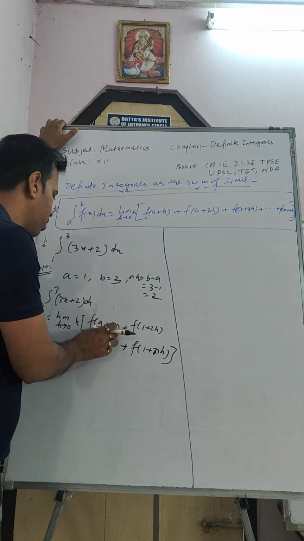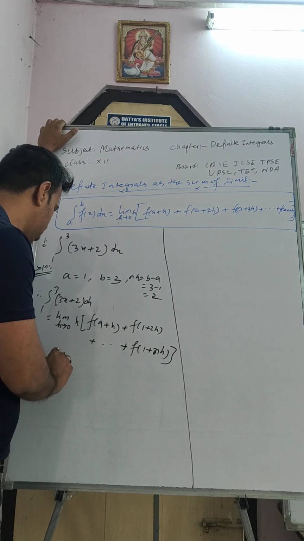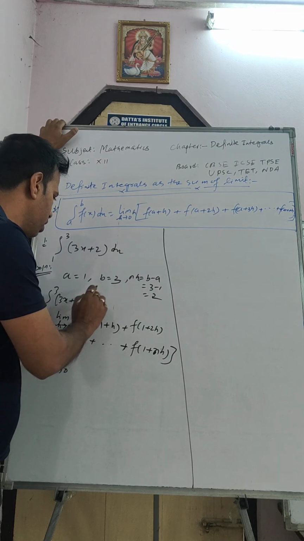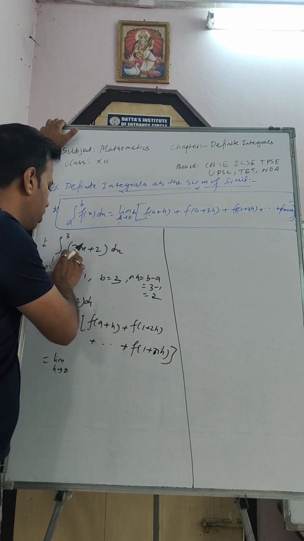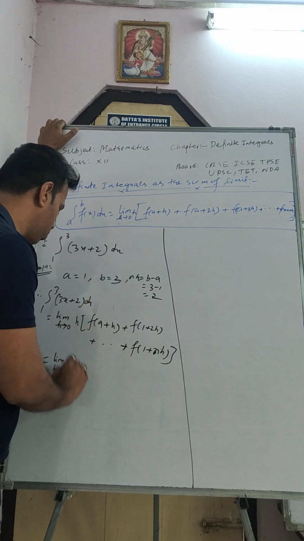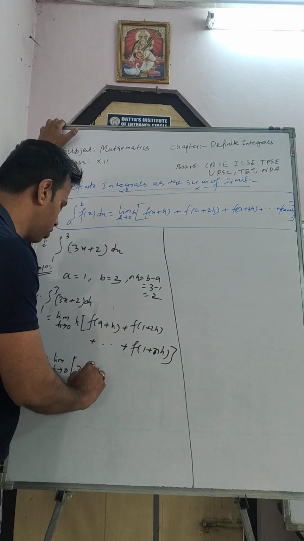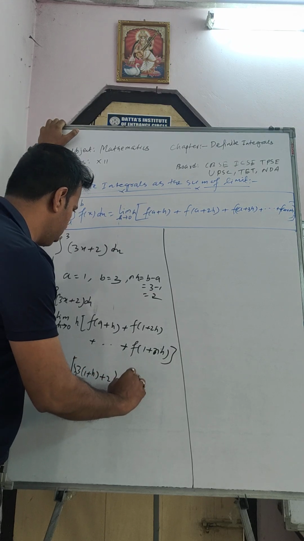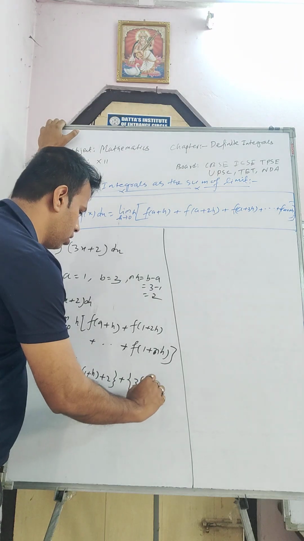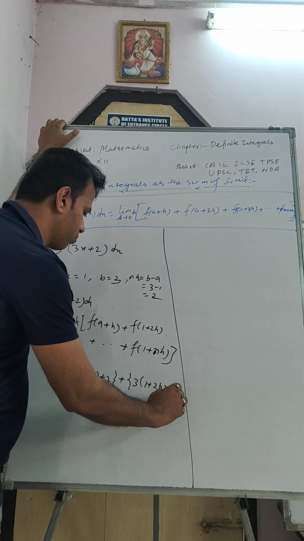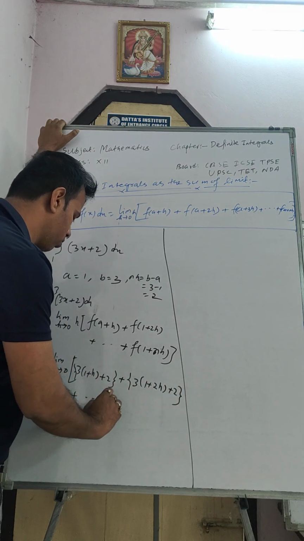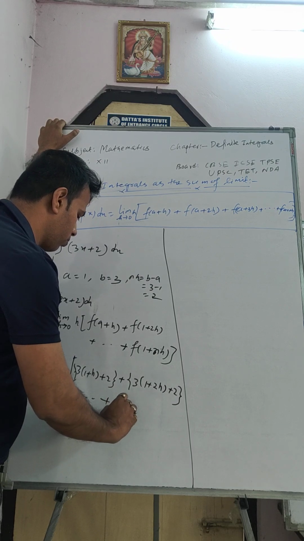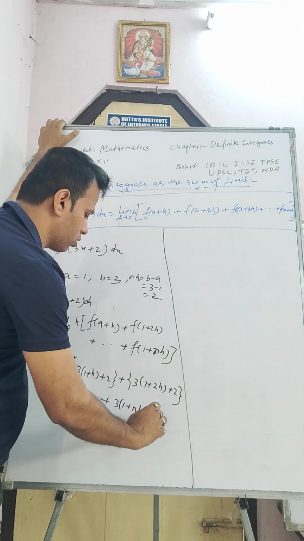So now 1 plus h, its formula will be f(1+h), you just put 1 plus h in f. It will be 3 into (1 plus h) plus 2, then 3 into (1 plus 2h) plus 2, and so on up to 3 into (1 plus nh) plus 2.